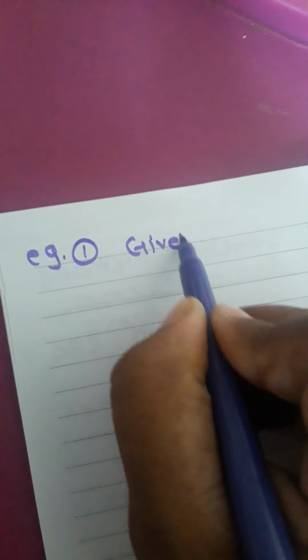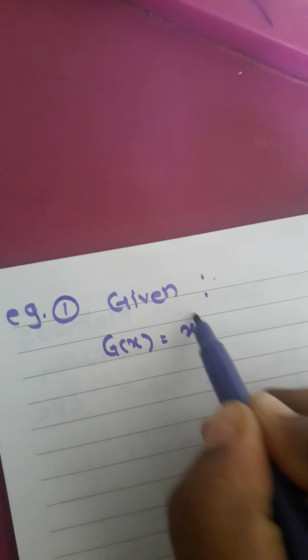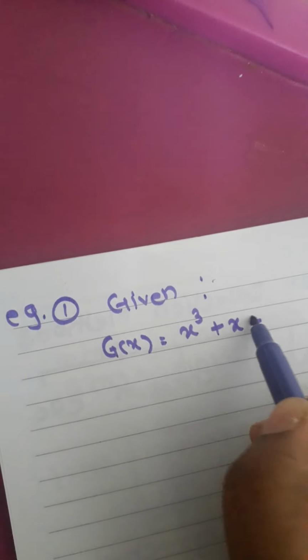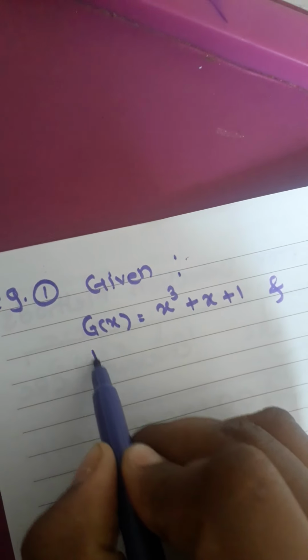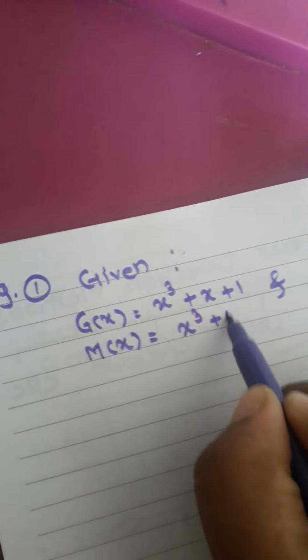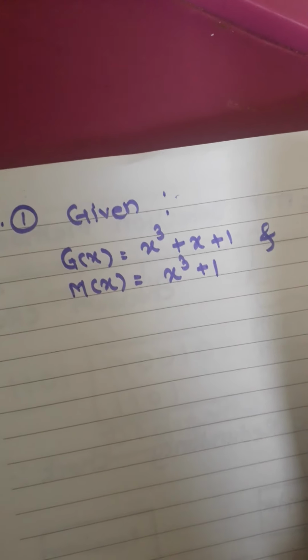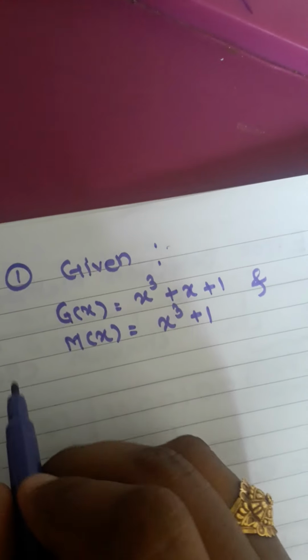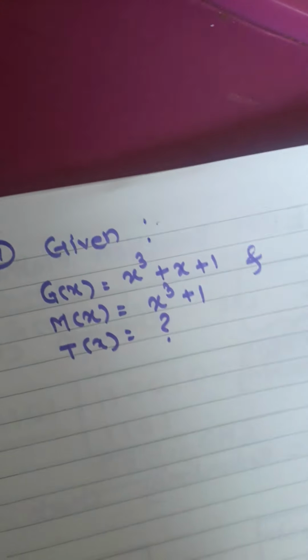Given the generator polynomial is x cube plus x plus 1 and m of x is x cube plus 1. Now we have to determine the message to be transmitted, that is T of x.